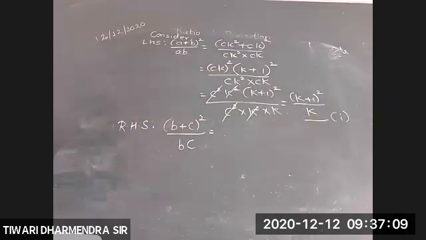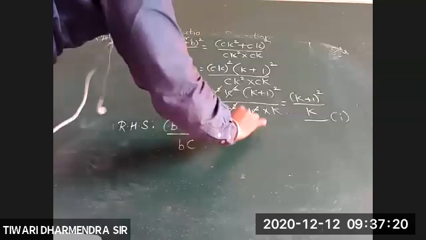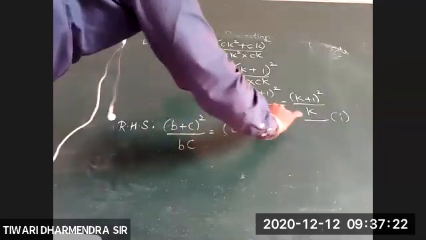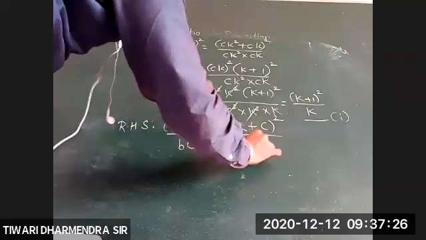So as we know the value of b and value of c is not there, so c will remain as it is. Just replace value of b. What is the value of b? It is ck plus c the whole square divided by value of b is ck into c.